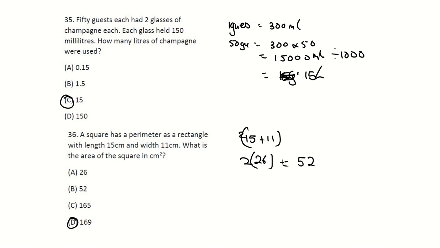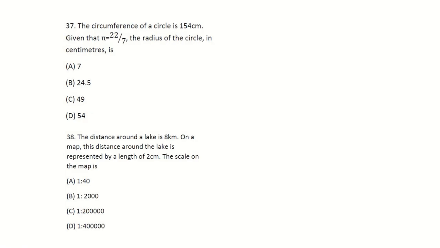So we know this is the perimeter of the rectangle. So if it is the perimeter of the square, we know that 4 times side is 52. So side would be 52 divided by 4, which is equal to 13. So the area of that square would be 13 by 13, which is 169. Right, and that's the end of that question.